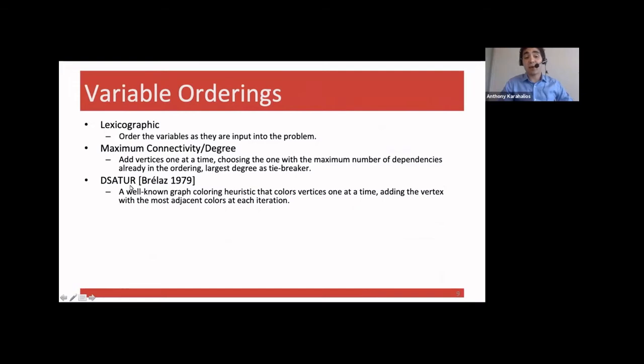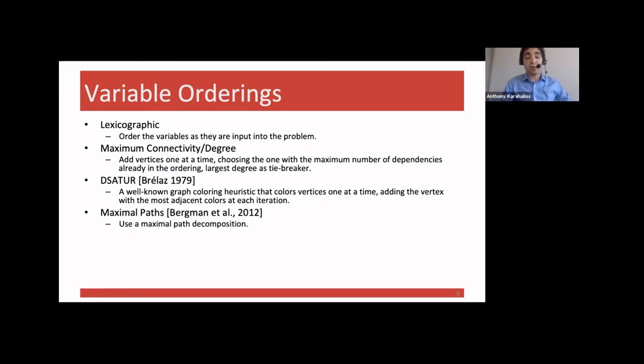A DSATUR ordering, which is a commonly used graph coloring heuristic by Brélaz, that colors the vertices one at a time, and at each iteration it chooses the uncolored vertex that has the most colors adjacent to it that have already been colored by the algorithm.